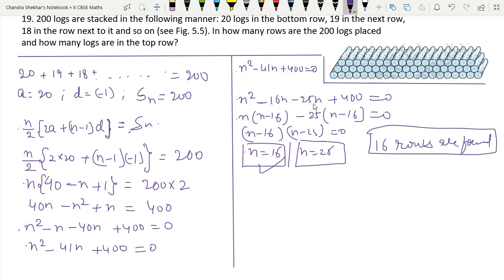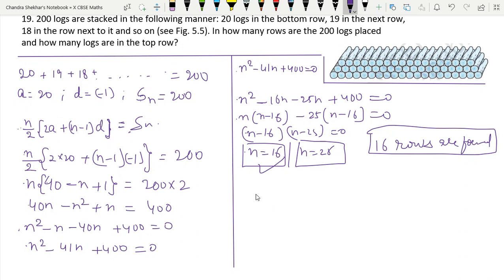Second answer, they are asking how many. Sir, why did you choose 16? All right, who can answer this question? None of you? Remember when we did AP earlier, we had something like this. No, the answer will not come in negative here.